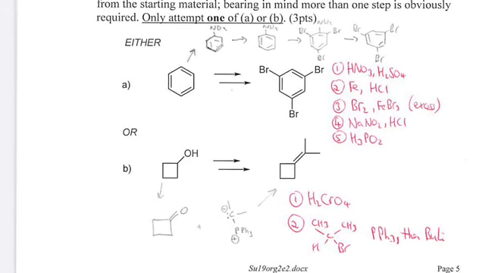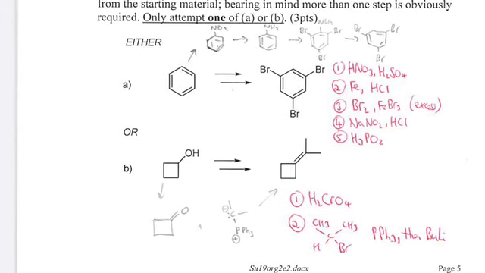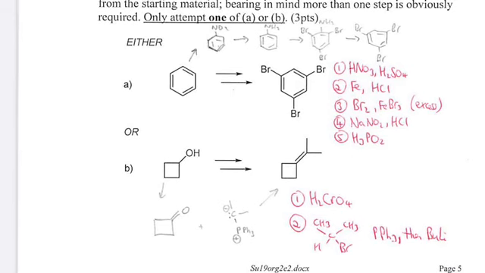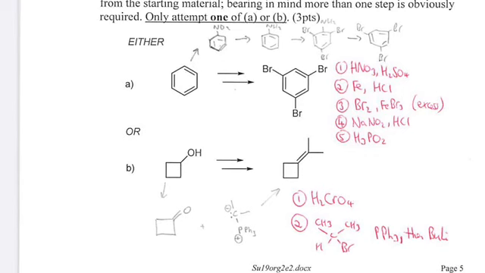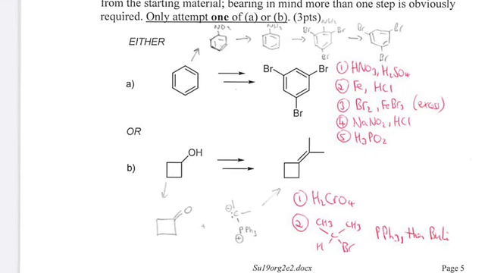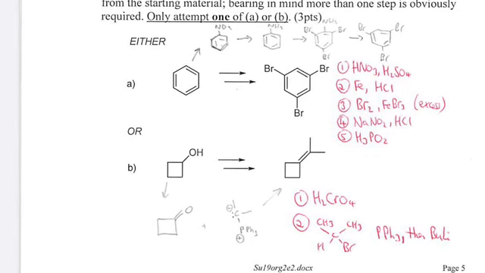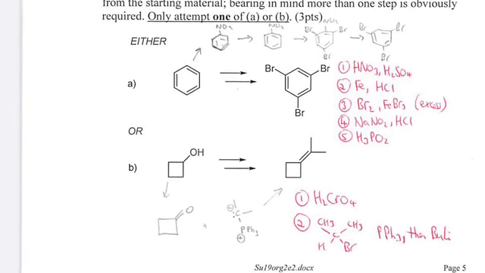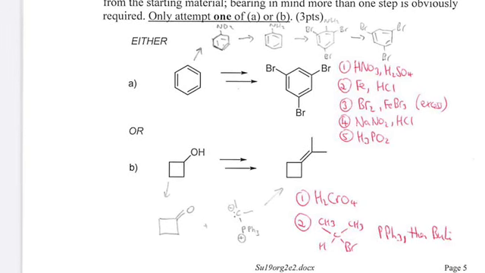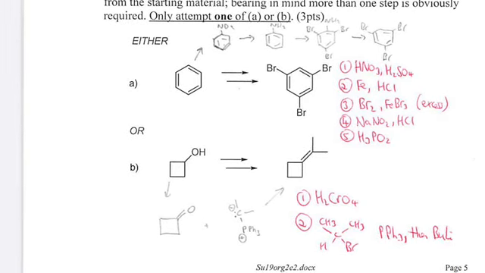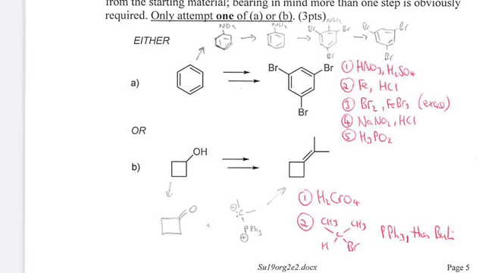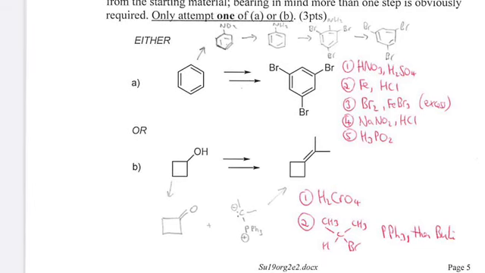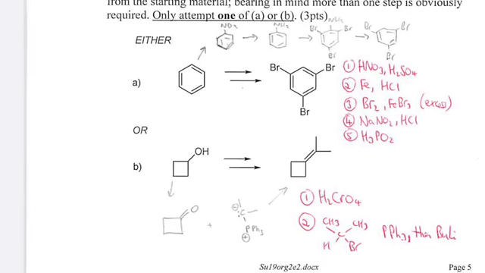And so in my answers, I've drawn that if you take aniline and brominate it, it will give you the tribromo version with the bromines in the correct orientation. However, we've then got to get rid of that NH2, and so we can use some of our diazonium chemistry to get rid of the NH2 and replace that with a hydrogen.